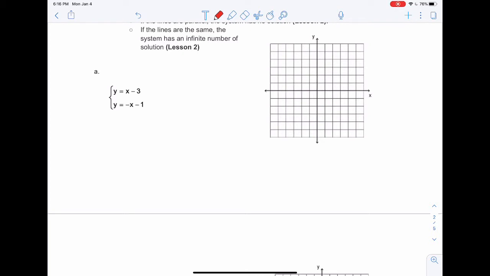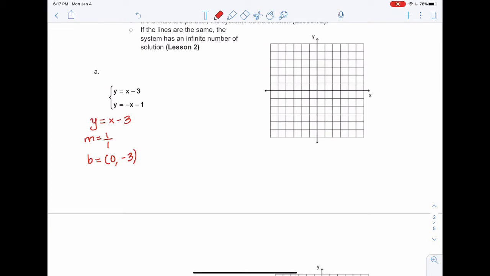For the first equation, which is y is equal to x minus 3, our slope is the coefficient of x, which is 1 over 1, and our y-intercept is 0, negative 3 in coordinate form, or you can also say negative 3.